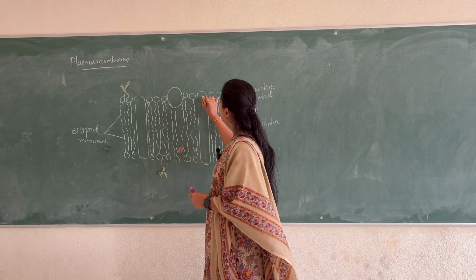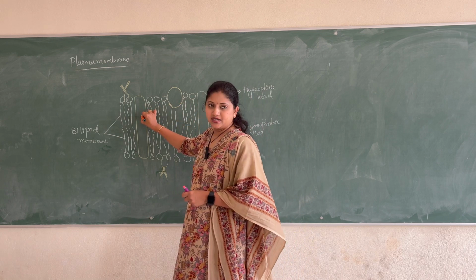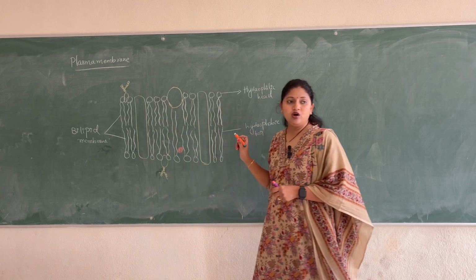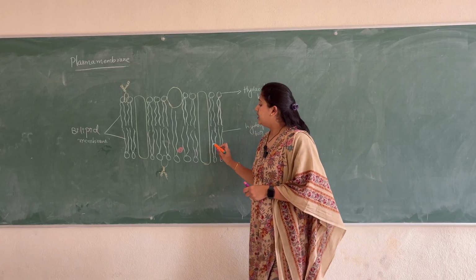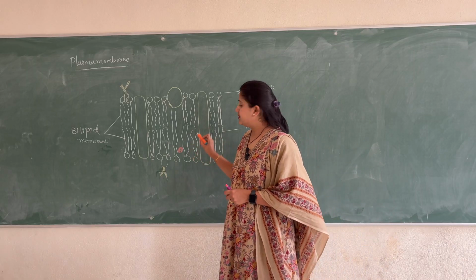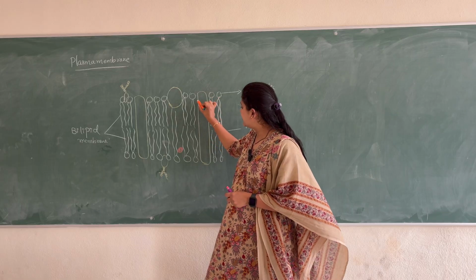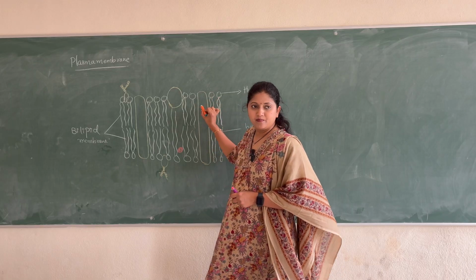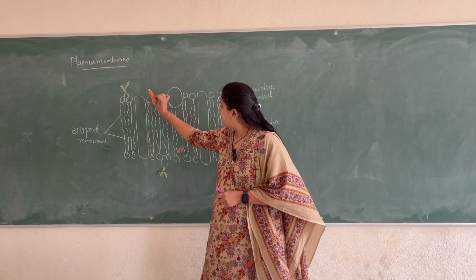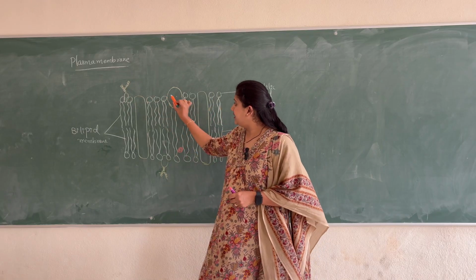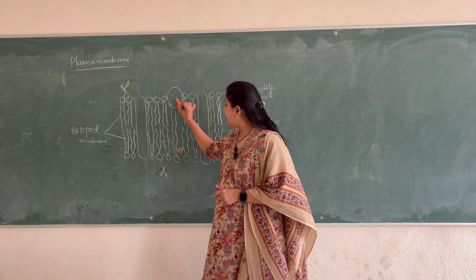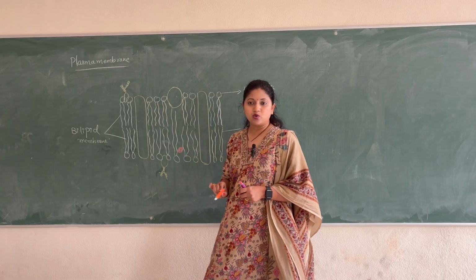Now, these are the proteins present. The ones I have written in yellow are the proteins. Here, I've drawn two types of proteins. This is an integral protein, and these are the peripheral proteins.